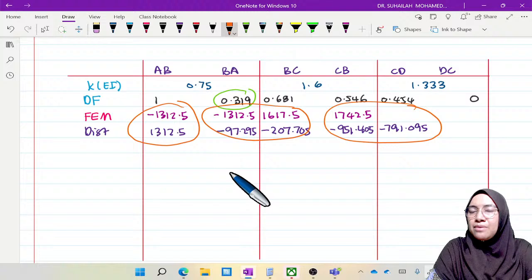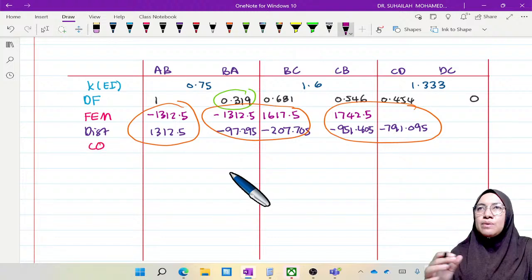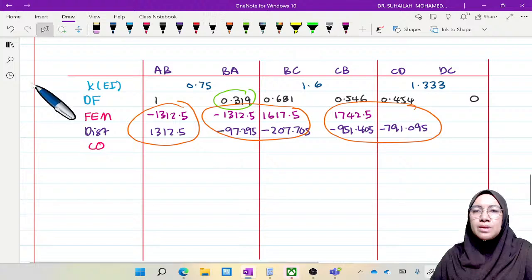So next, after distribution is carry over. We must find the value by times this value with the factor. The factor is 0 for end pin or end roller, and the rest is 0.5.